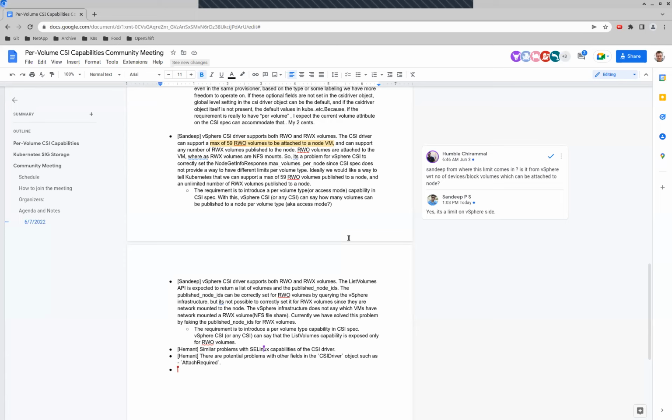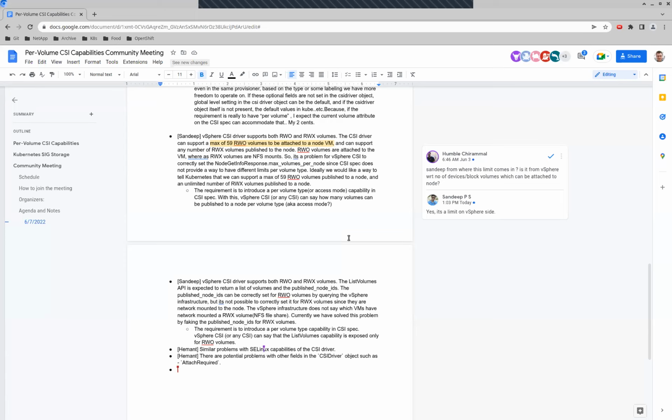Even if we moved it to, say, CSI driver capabilities on the node, it would still be for the whole driver. So it doesn't matter whether it is in the Kubernetes CSIDriver object or it's a capability on the driver side. It's still for the whole driver. Right. Okay. So you're saying that there are going to be some CSI drivers that can do this, but only for a subset of the volumes that they're responsible for. Yeah. And then kubelet needs to know which are which, regardless of how it communicates this down. Yeah.